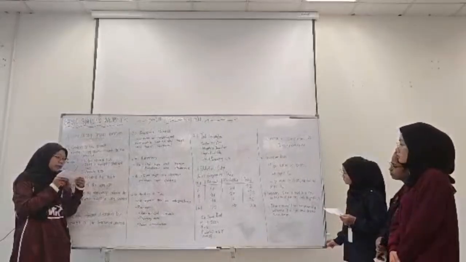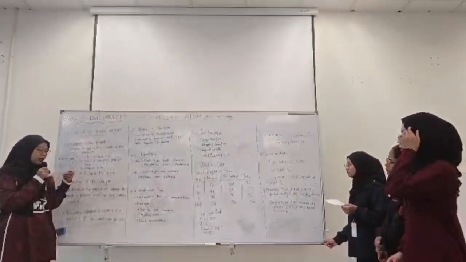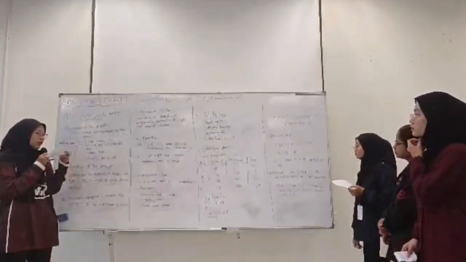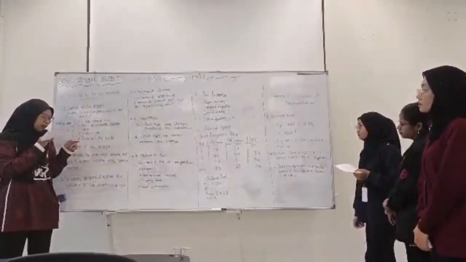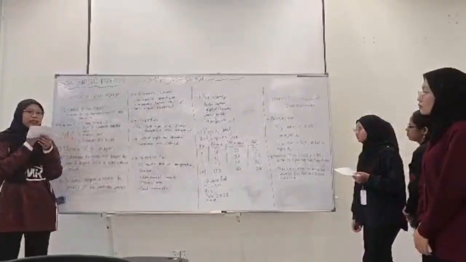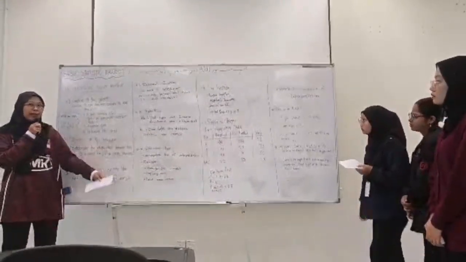The data are presented in frequency form, and the purpose of the test is to determine whether there is an association between two categorical variables. Now I will pass to Mary.